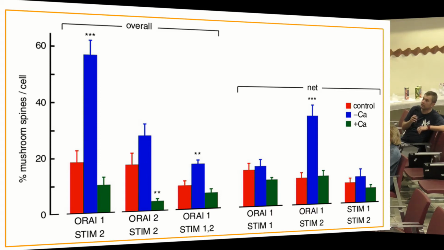So we have to believe that all these spines where STIM appears should have a connected ER protrusion into the spine head to let STIM go there. Otherwise, no way.